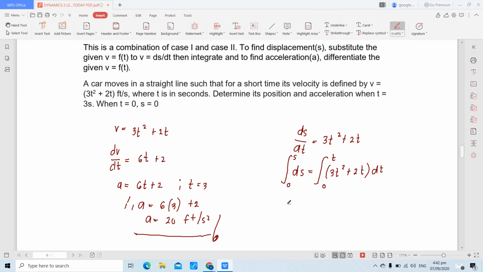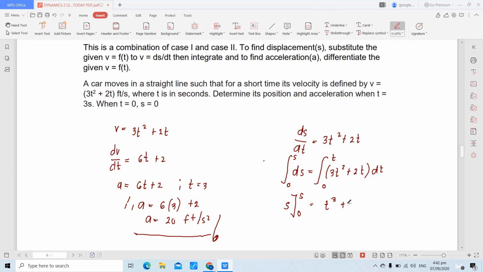Apply na the integrals. What is the integral of ds? That is s. From 0 to s. Equivalent to, what is the integral of 3t squared? That is t cubed over 3, cancelled. T cubed plus, what is the integral of 2t?